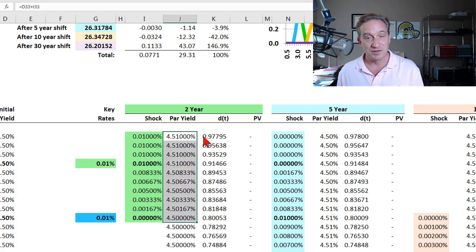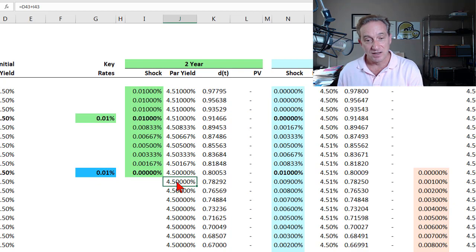So you can see here for the 2-year key rate shift, my par yield for that region, see how these are higher than the 4.5, but after that, the 5 years and beyond, I haven't changed anything about the 4.5% par yield assumption.